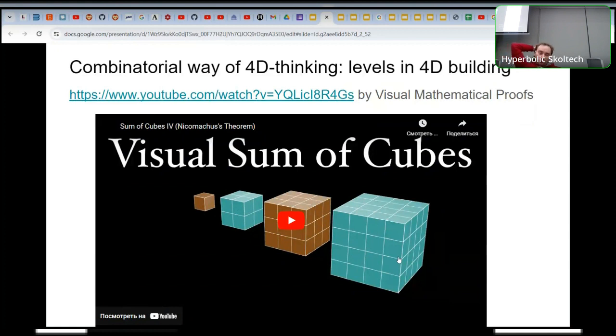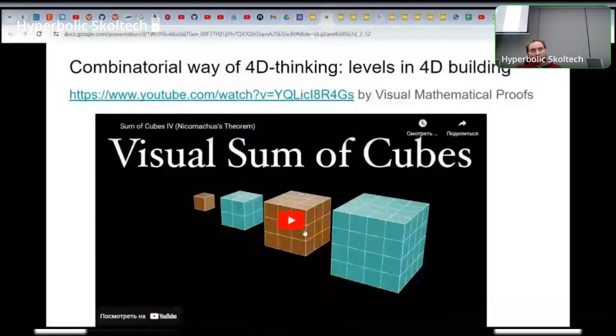For the coordinate way of thinking in 4 dimensions, when you sum up cubes of the first n natural numbers, you are forming a 4-dimensional pyramid with 1 cube at the top layer, 8 cubes at the second layer from the top, and so on. And we will see how to reorganize the pyramid in a different way. This is just another way of thinking about this.